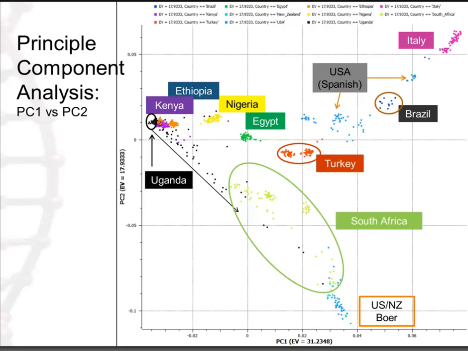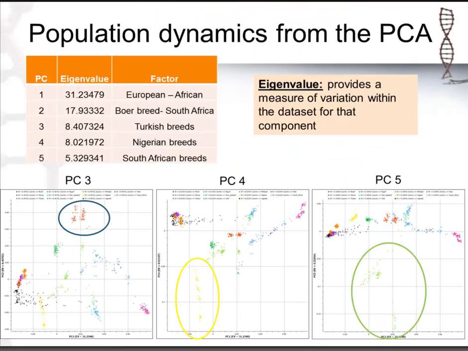PC2, which is that vertical y-axis, is differentiating really the Boer goats that are on the very bottom from all of the other breeds. So instead of showing lots and lots of slides of PCA, I put these together, and I put out the factor in that table at the top left, which is what I term it. This is basically what I'm seeing.